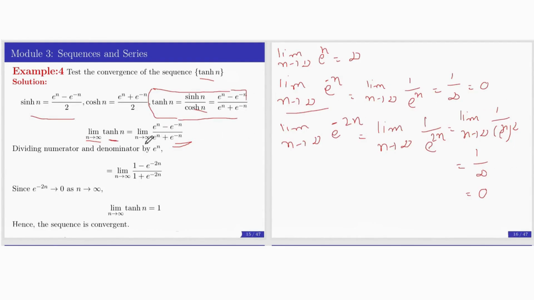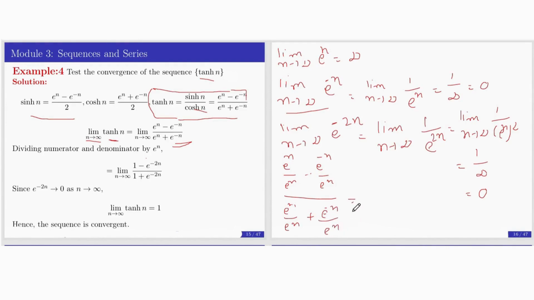That's why, to remove e^n, we need to divide the numerator and denominator by e^n. So the first step is dividing the numerator and denominator by e^n. In the numerator, e^n divided by e^n, minus e^(−n) divided by e^n. In the denominator, e^n divided by e^n, plus e^(−n) divided by e^n.